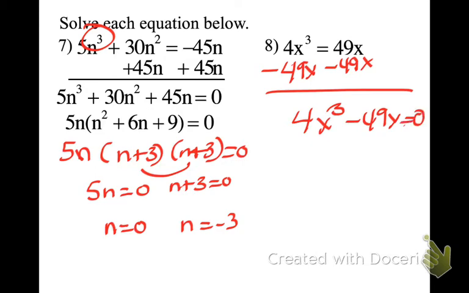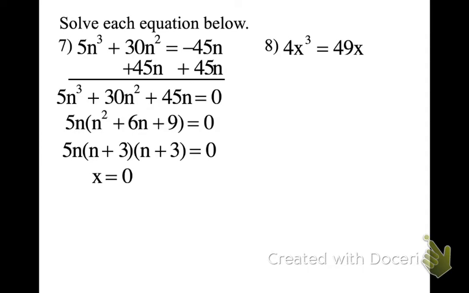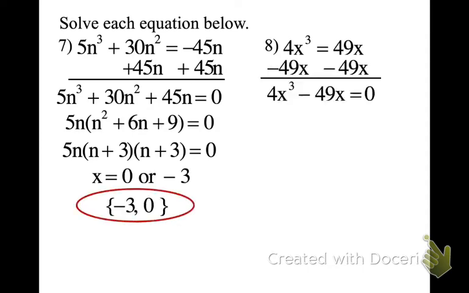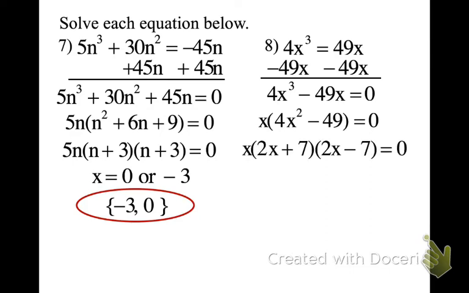Now we have to GCF x. And I'm left with, what's that called? A difference of squares. So x times 2x plus 7 times 2x minus 7 equals 0. x equals 0, and x equals negative 7 over 2. I do expect you to do the math for 2x plus 7 and 2x minus 7.